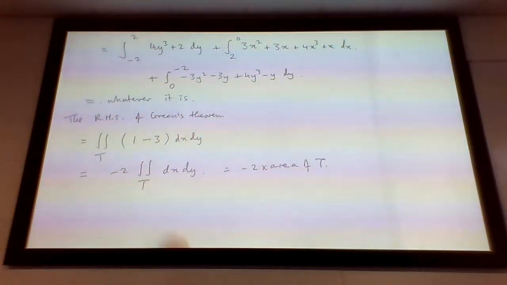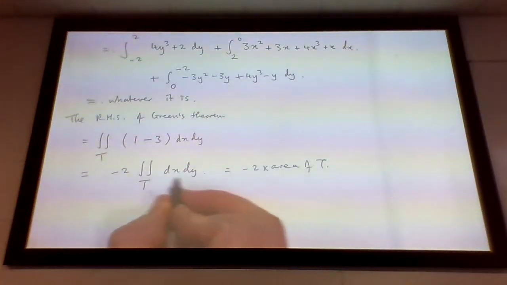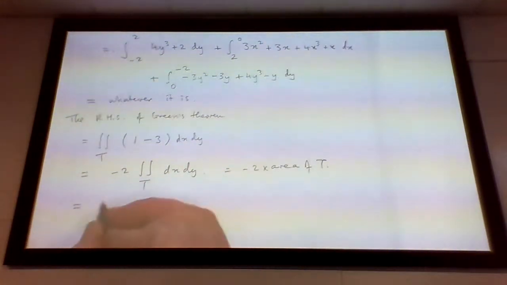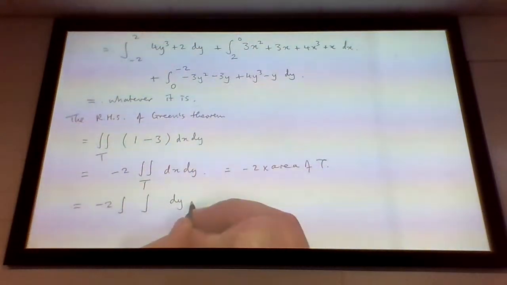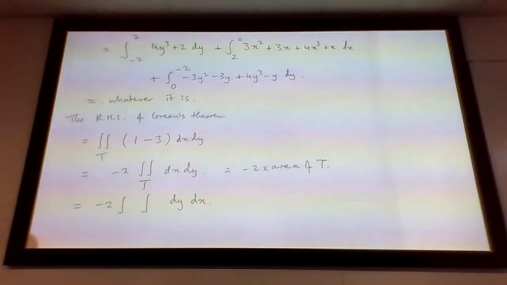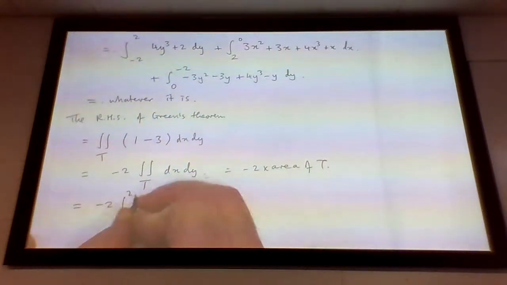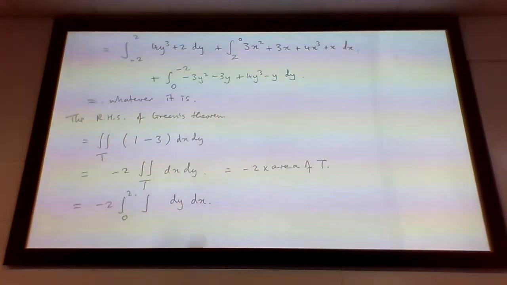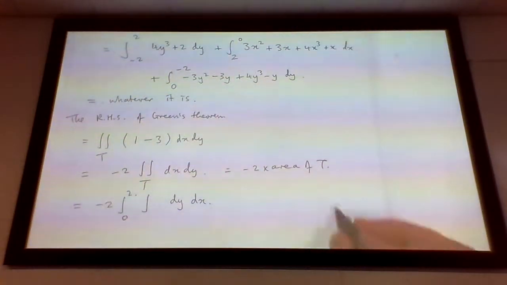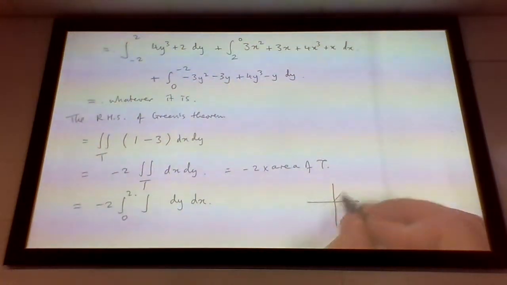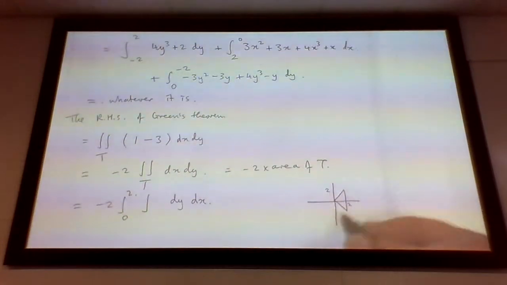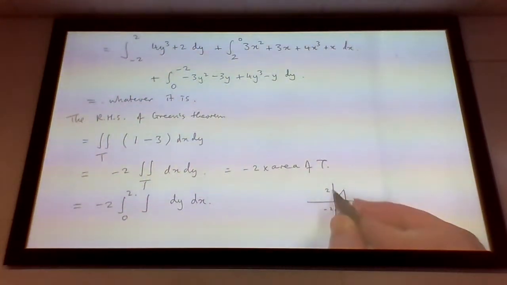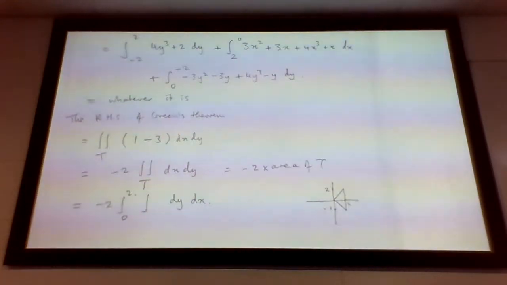But now there is a better order to set up this integral, because if you try and do the integral this way, you're going to need 2 separate integrals. So I would change the order of integration, because the outer x integral goes from 0 to 2, and then the inner y integral, remember this is our triangle here, that's our triangle.